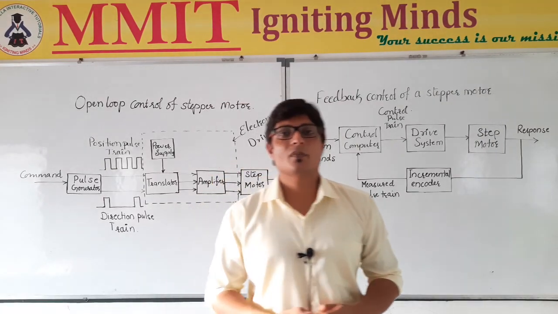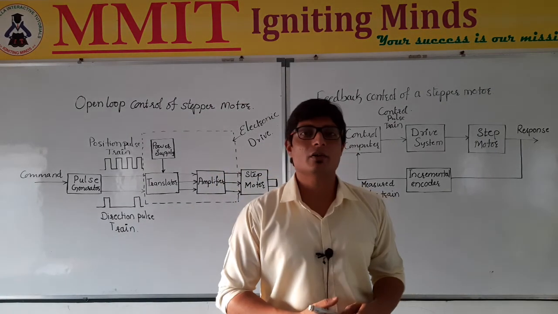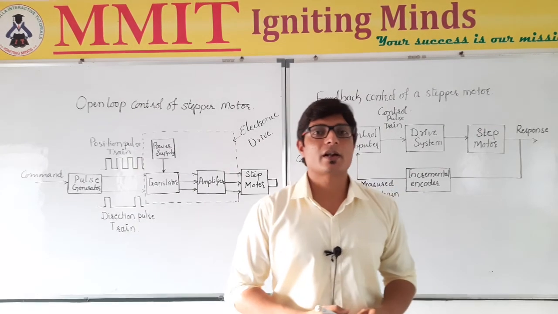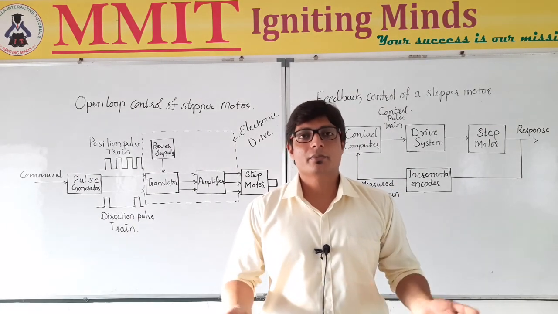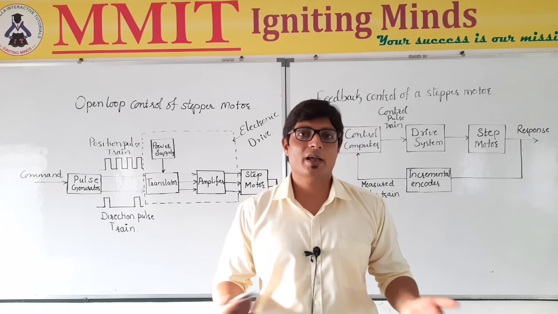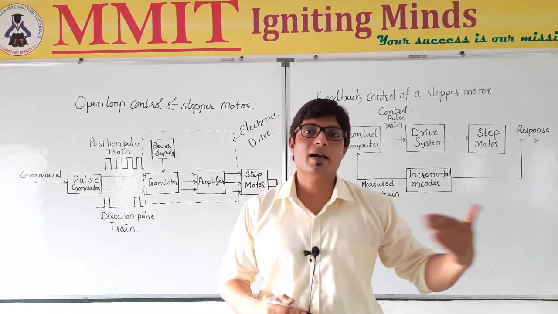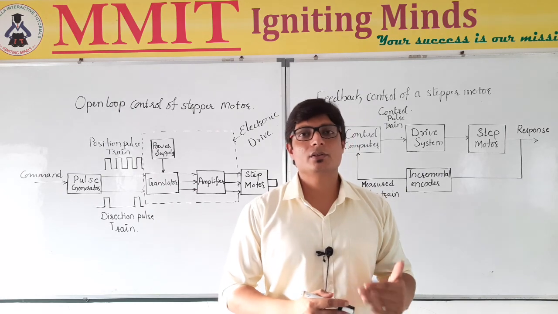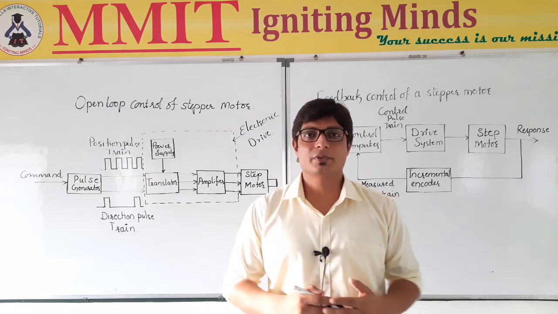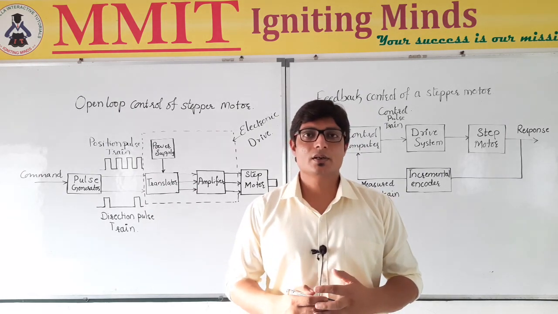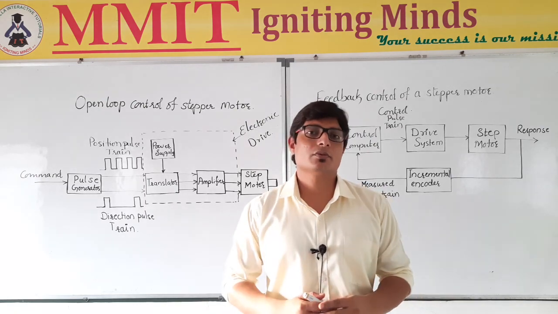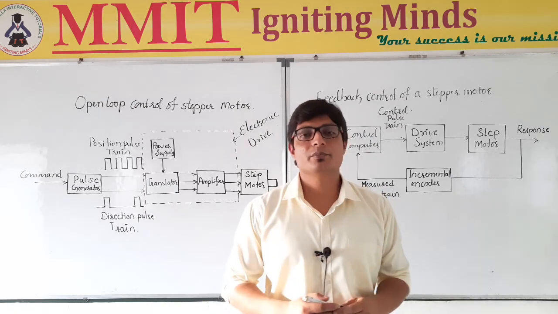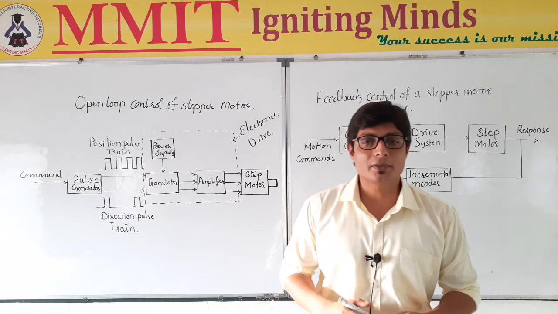So now we have come to the end of this stepper motor drive. The stepper motor is used mostly as an actuator, therefore it is essential to have more precise control of it. Either of these two types of control strategies can be used as per the requirement of the particular application.